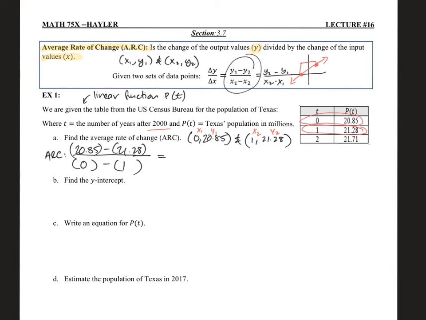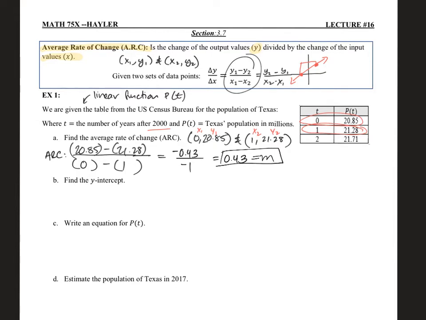So that's going to equal negative 0.43 divided by negative 1, which is going to end up being positive 0.43. So that is my average rate of change. And the average rate of change is also known as my slope. That's how the line is changing.